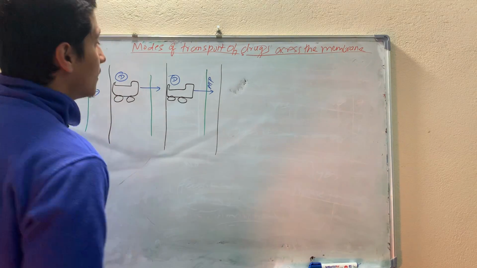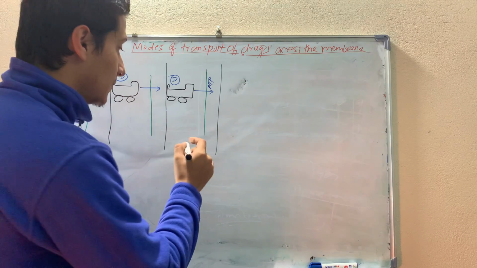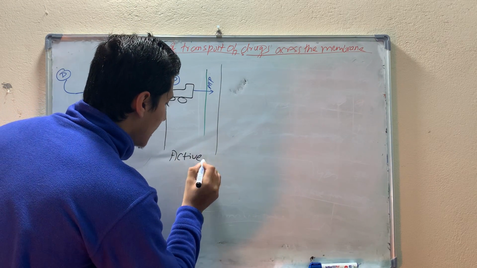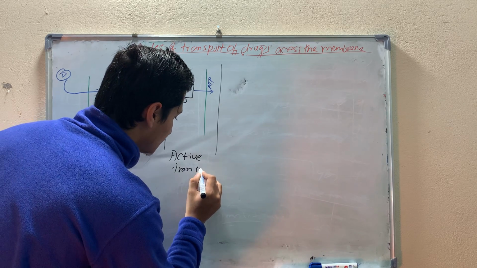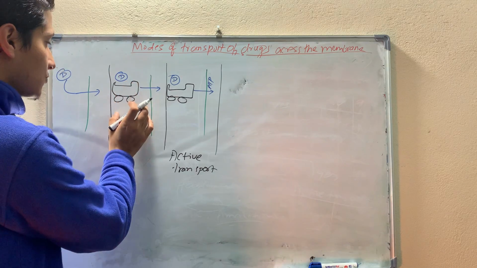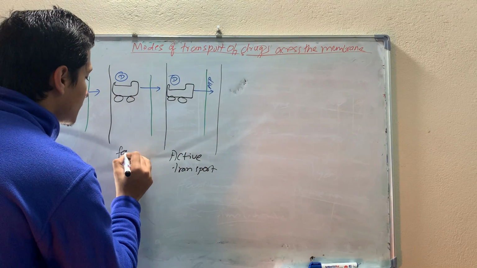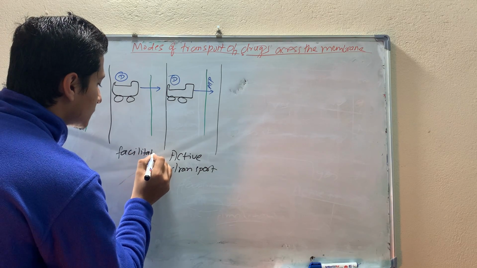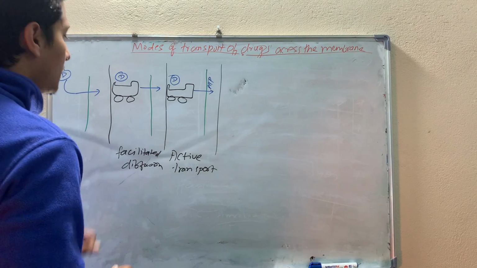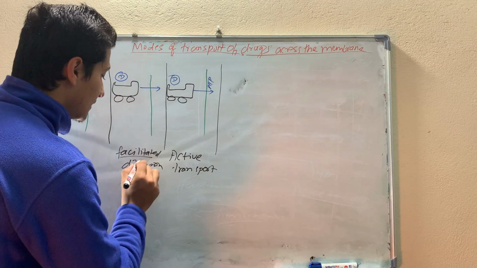So let's name it. The system that requires a truck or the carrier and the energy source, the ATP, is called active transport. Active transport, right? And the system which requires the truck or the carrier or the transporter and not the ATP, we call it facilitated diffusion. Because this is facilitated by the carrier, it's called facilitated diffusion.